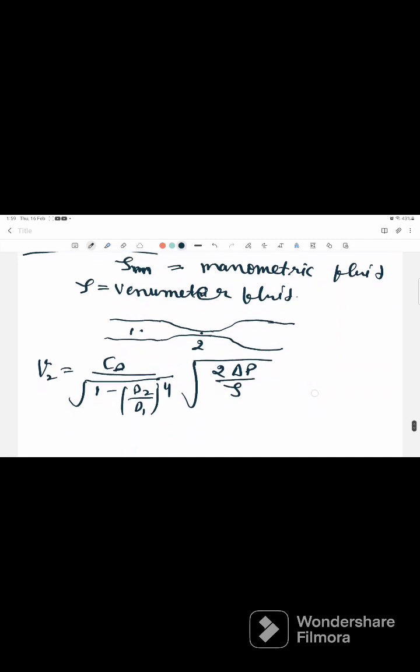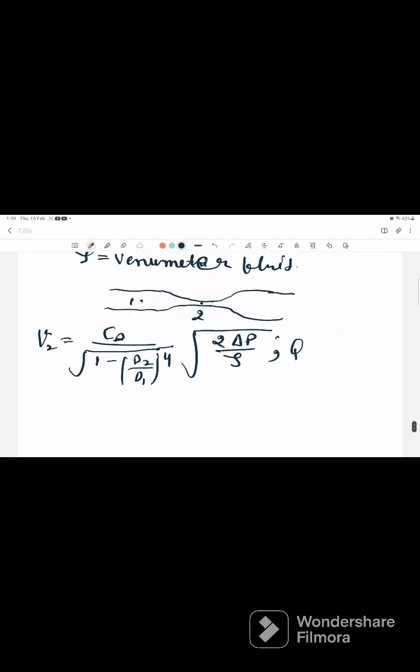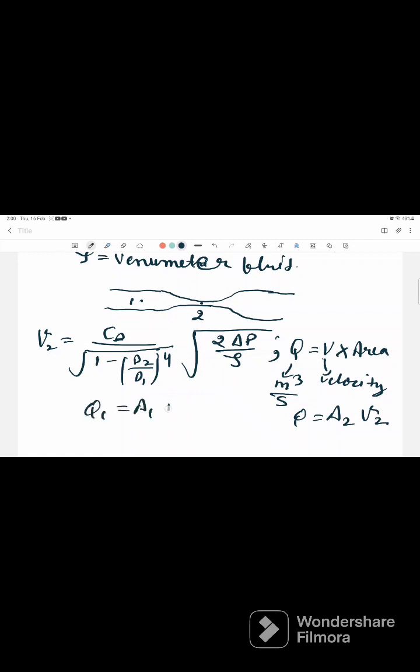Then further we can find Q, which is velocity into area, in meter cube per second. The discharge at 0.2 is A2 V2, and the discharge at 0.1 is Q1 equals A1 V1.